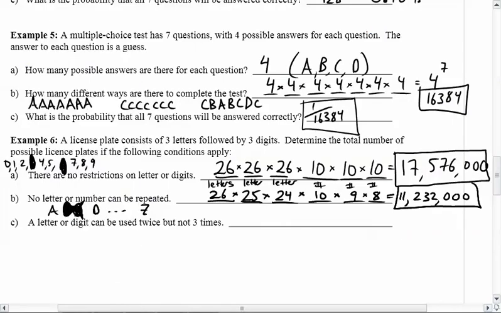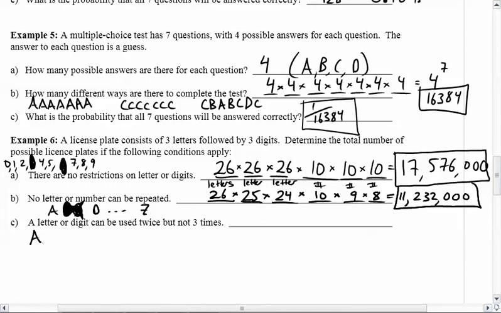Now, what if a letter can be used twice, but not 3 times? So this is actually quite complicated. If I'm trying to think of all the ways that a letter can be used 2 times, then, well, let's see.